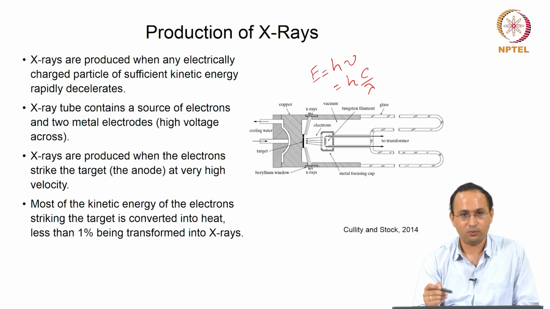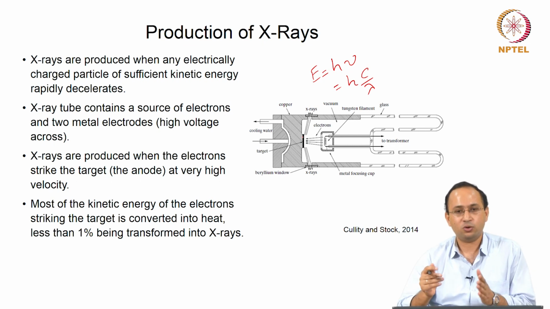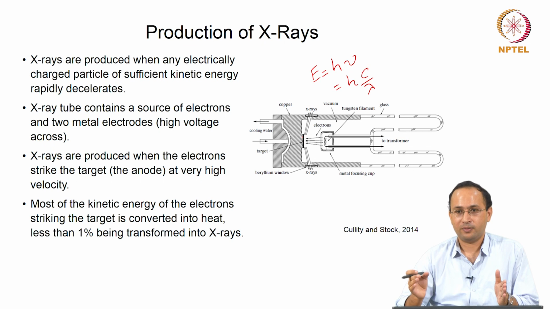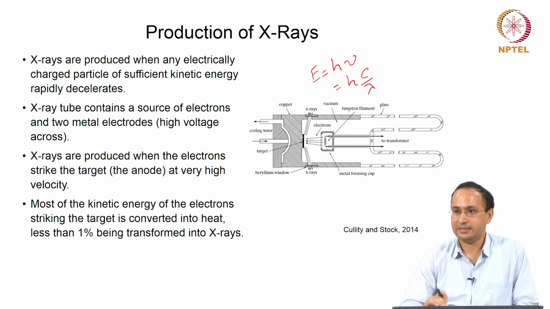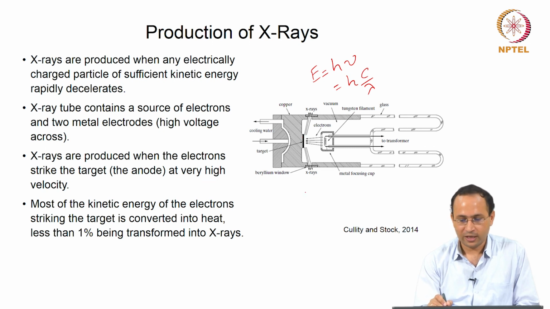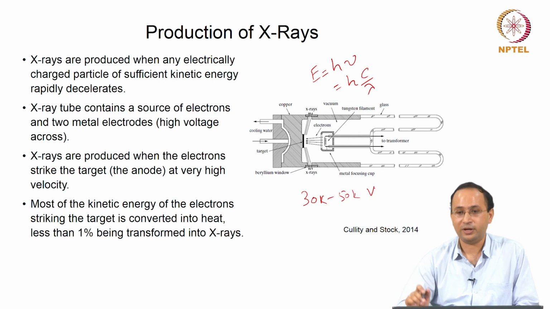A source of electrons, and also two metal electrodes, because there should be a very high potential which can accelerate these electrons. We are talking about a voltage difference of 30K to 50K volts across these metal electrodes, cathode and anode.